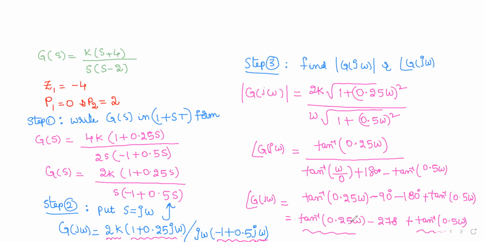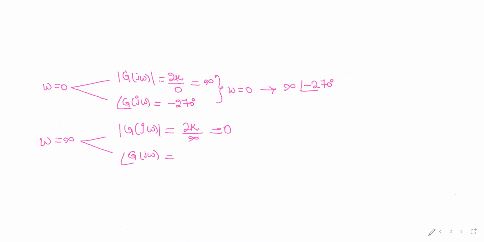So how much? 90 plus 90, 180. 180 degrees minus 270 degrees. So this results in minus 90 degrees.